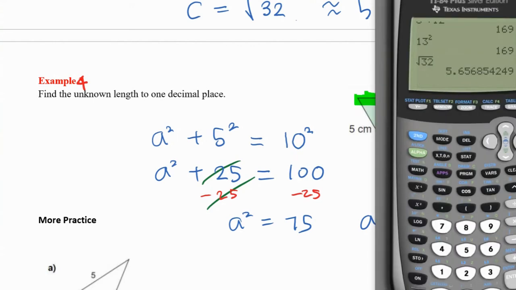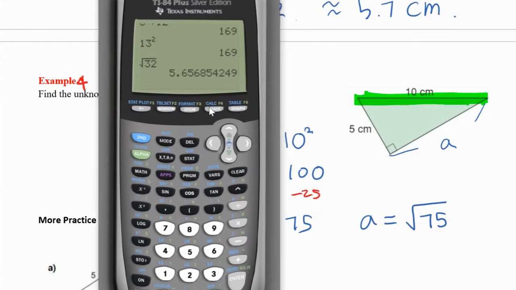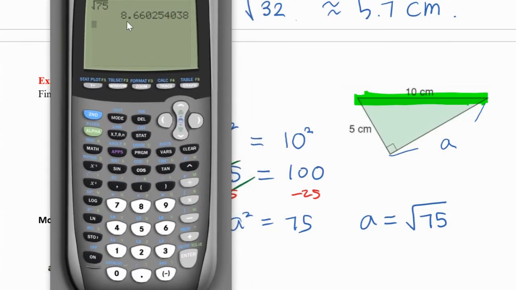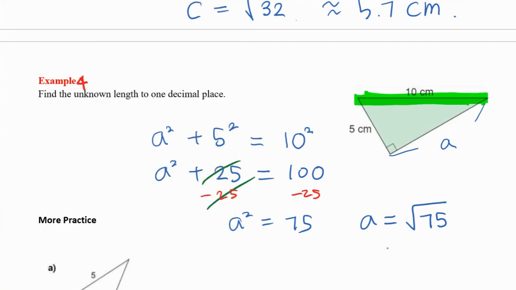Let's use your calculator to find the answer. Square root of 75 is 8.66. So let's keep one decimal, 8.66. We're going to round up. So the answer is 8.7 centimeter. So this notation is about approximately 8.7 centimeter.